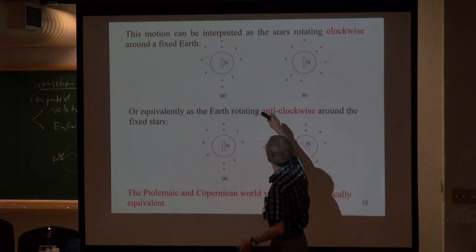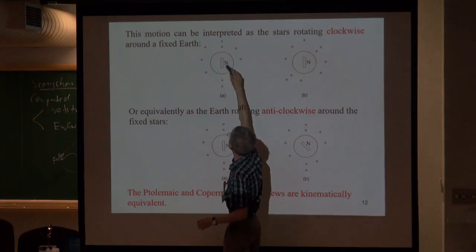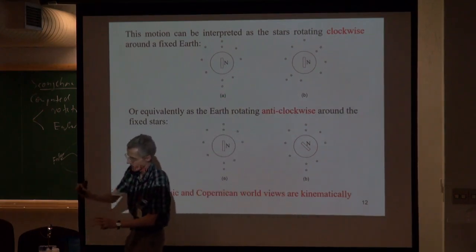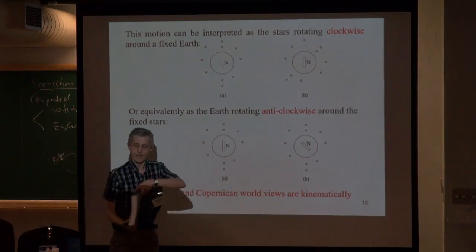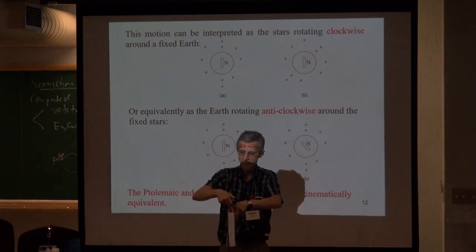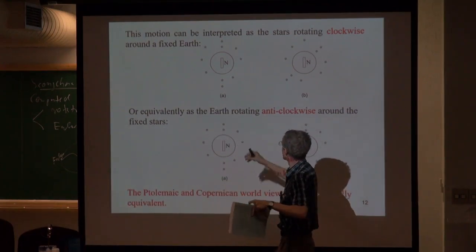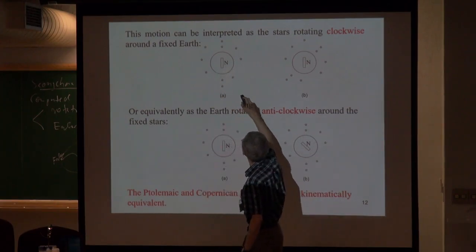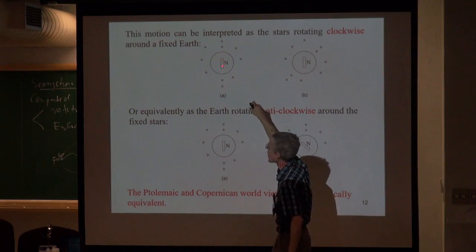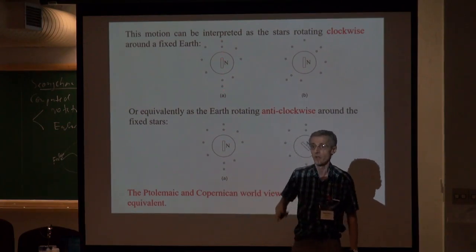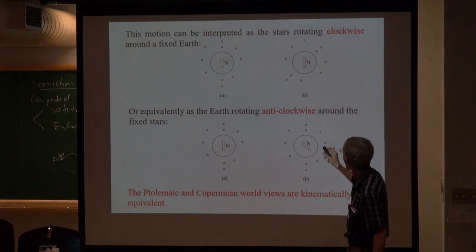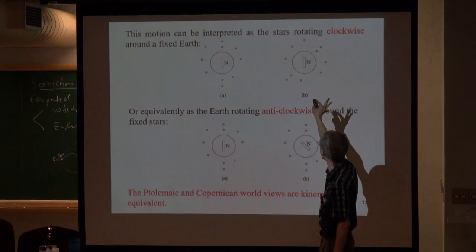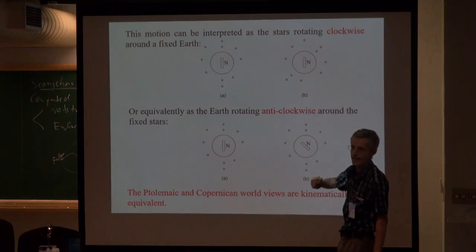In this interpretation, we are looking at the Earth from above. Here is the North Pole, and suppose that there is a wall here. So the North Pole is here, and there is a wall, and this wall is aligned with 4 specific stars, 2 and 2. We take a picture of the sky. 3 hours later, we come and make the same picture, and we see that all the stars did rotate together clockwise.